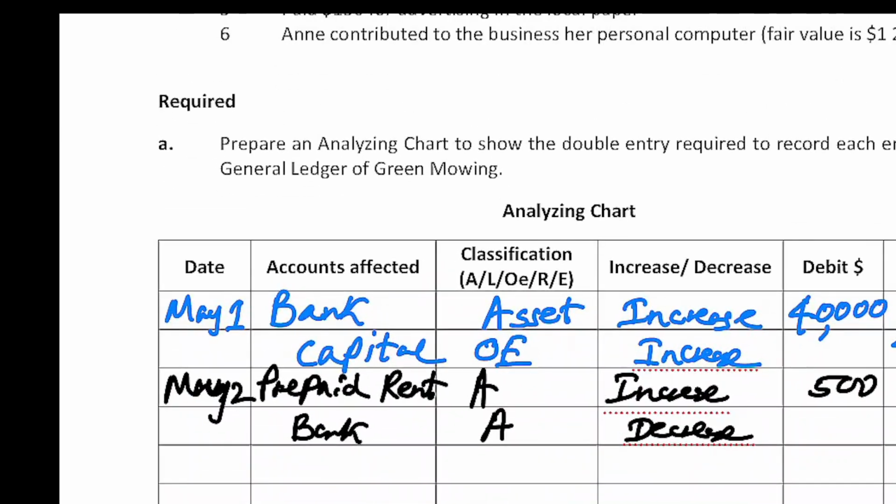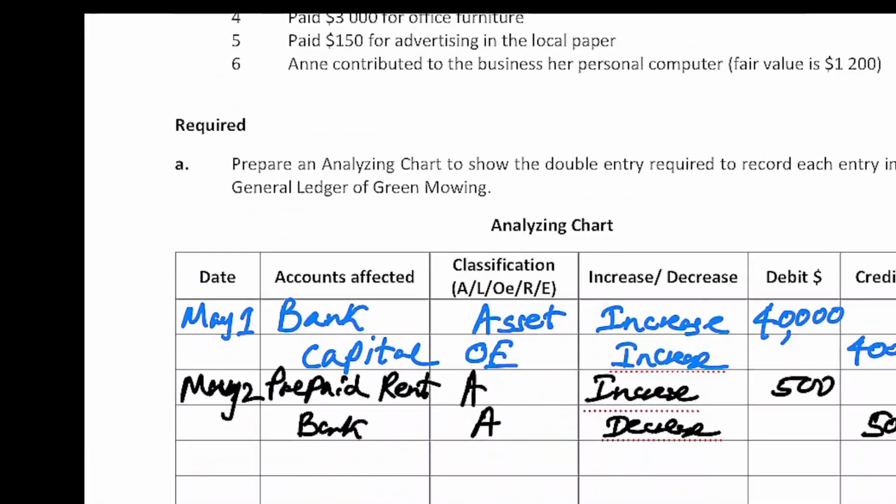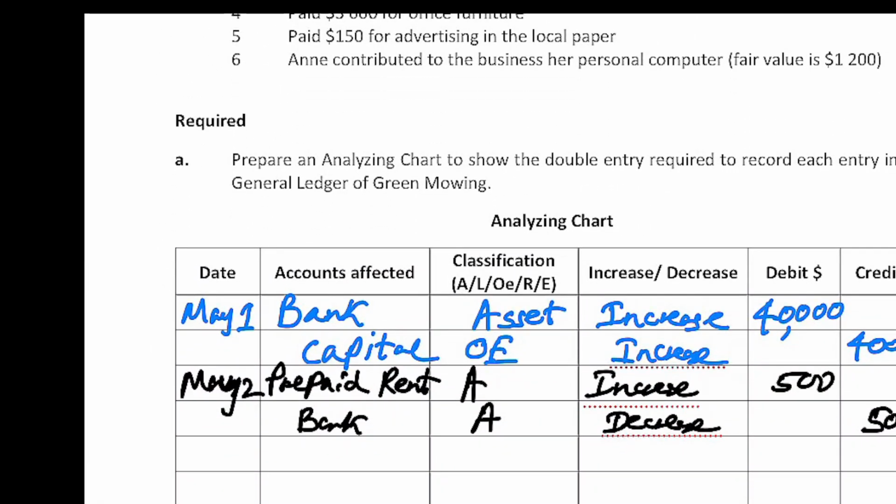Okay. Right. Now, why didn't I write the bank first in this transaction? I'll tell you. Because you should get used to writing the debit entry first. I know what debit entry is coming here for the prepaid rent, of course.